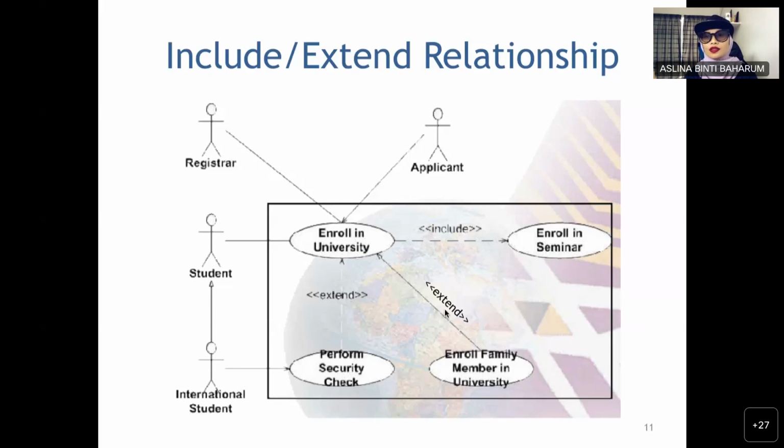For extend, it's an option. To enroll in university, you may enroll a family member in university. So enroll family in university extends enroll in university. The arrow goes the other way: the extend arrow points to the basic use case, the standard one. And we draw it as a dashed line, both extend and include.